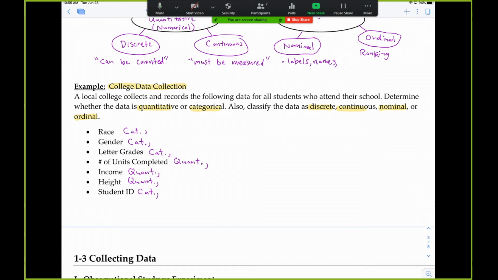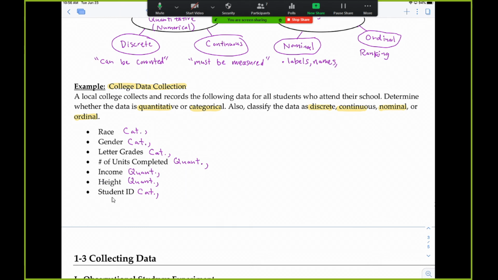We use numbers for student ID. Well, it's actually categorical because those numbers are used to label a student. They don't actually have a quantitative value. So in that sense, it's categorical.